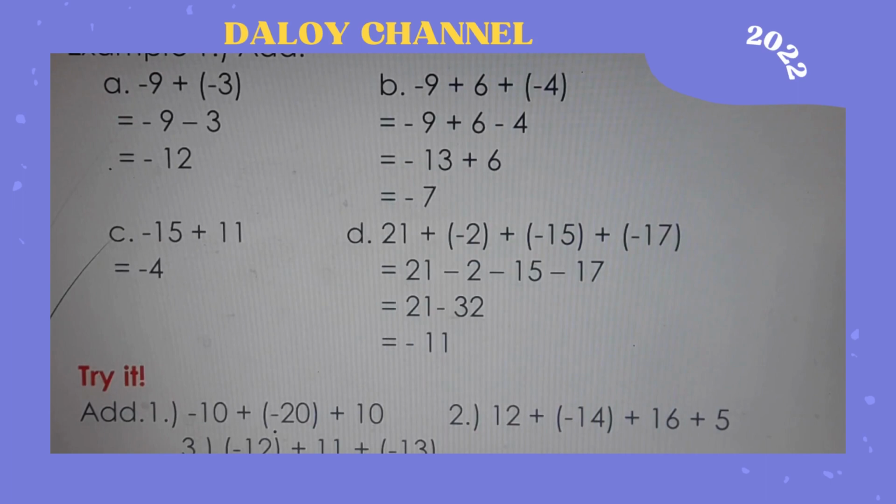So 21 minus 2 minus 15 minus 17. And then adding like signs, so -2 plus -15 plus -17, we have -34. And -34 is greater than 21, so find the difference. So the answer is -13.